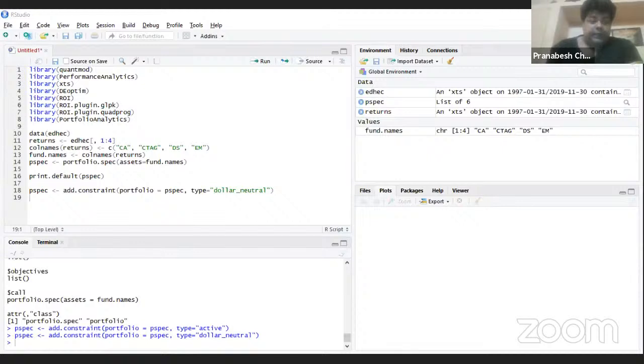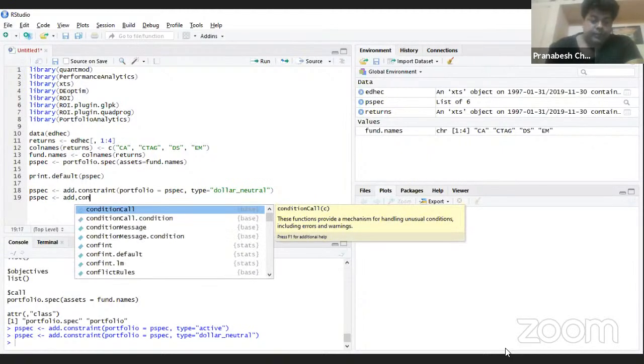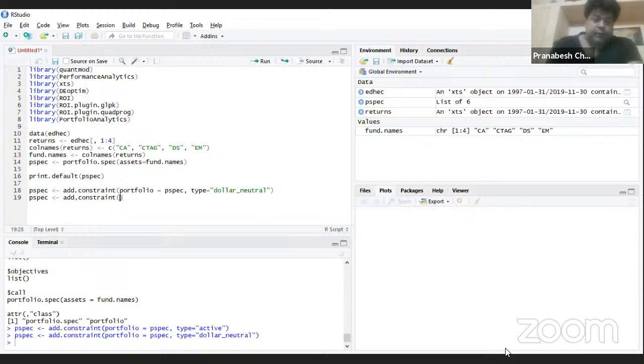What do I mean by that? add.constraint, just copy the first part, type equals position_limit.